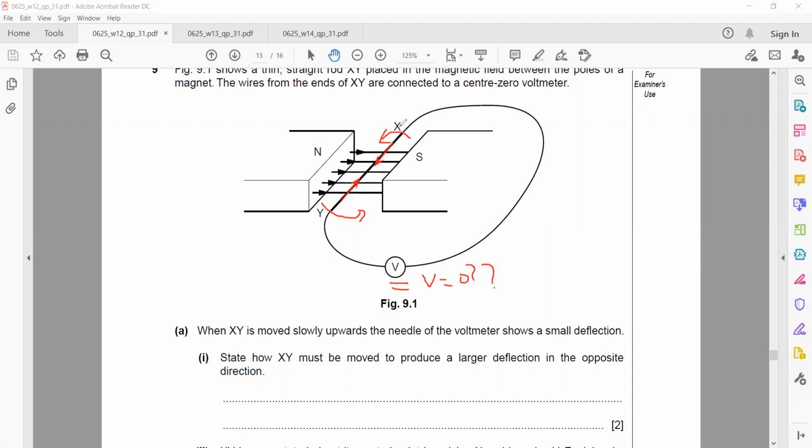Is it clear? When we are moving X up, like X is going up and Y is coming down, it's a rotation. So due to movement of X, the current will be there in a specific direction. Due to movement of Y, there is a current, but both currents are in opposite direction, so they cancel out each other. That is why the voltmeter reading will be 0.